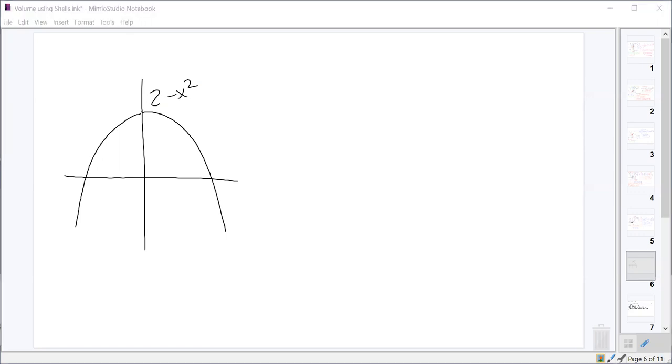I don't like that function. Change my mind. Don't worry, we're not going to really change. Let's make it 4 minus x. No, I don't like that one either. You guys enjoying this? Let me go back to 2 minus x squared. You guys good with that one? Yeah. Okay. 2 minus x squared, y equals x.